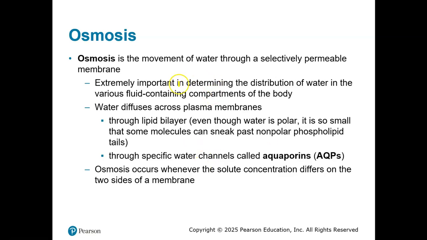Osmosis is specifically the diffusion of water, and water is going to move through the plasma membrane through specific water channels called aquaporins. There are leak channels that are always open, and water is the only substance that can move through them. But sometimes, in addition to aquaporins, water can actually diffuse through the lipid bilayer because it is so small.